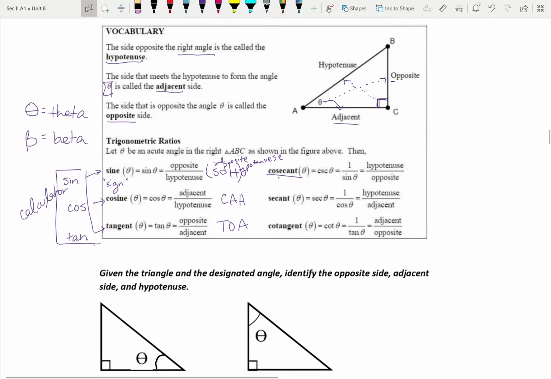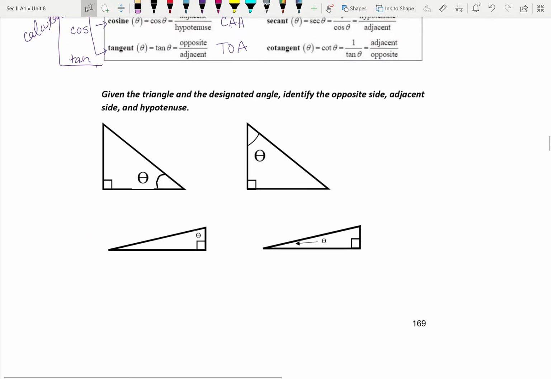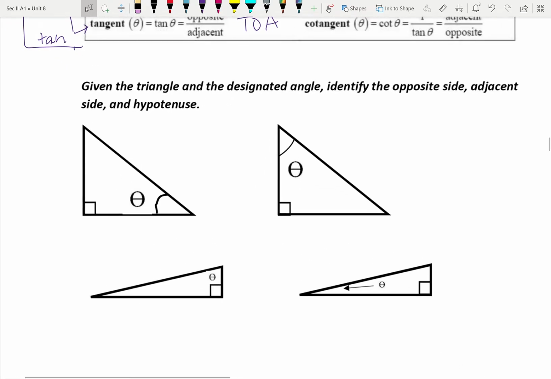One of the most challenging parts about trigonometry is just making sure that you're identifying these three parts, hypotenuse, opposite, and adjacent, correctly. So this next little exercise is just going to help us practice that. We have an angle theta. Which of those side lengths would be considered the opposite side length?